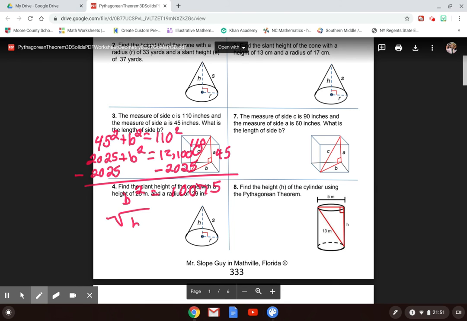And then we'll find the square root of both sides. And that's going to be 100.4.